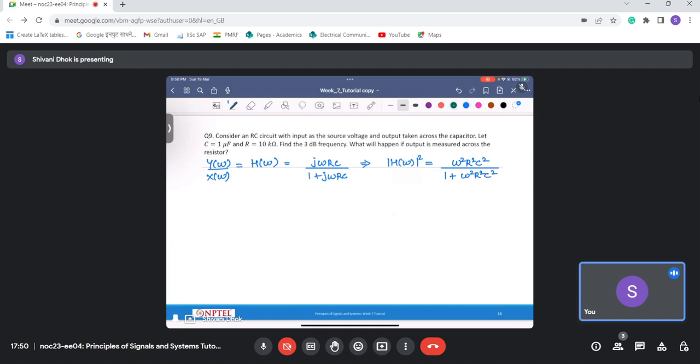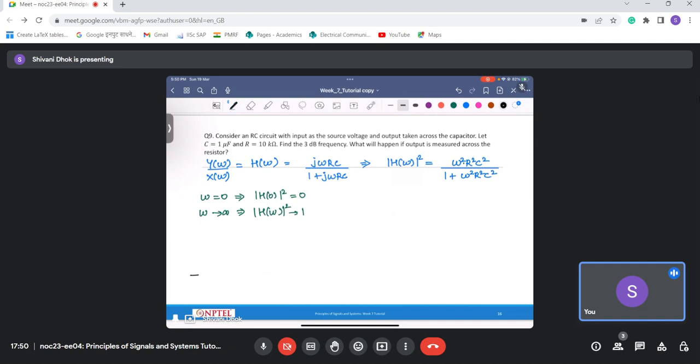Now consider this case. If omega is equal to 0, the magnitude of H(0) is equal to 0, and as omega tends to infinity, the magnitude of H(omega) squared will tend to 1, since these two factors get cancelled out and I have 1.